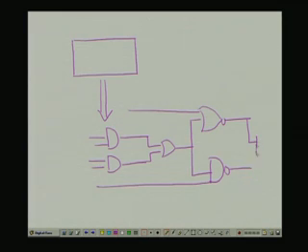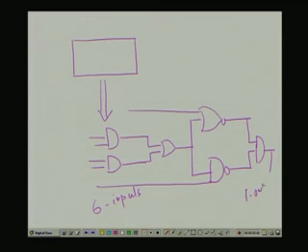Now, so this is one circuit. It has 1, 2, 3, 4, 5, 6 inputs and one output.